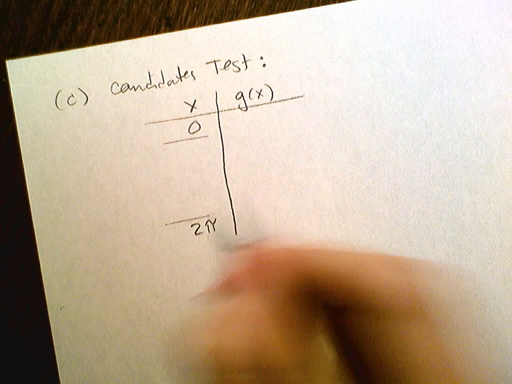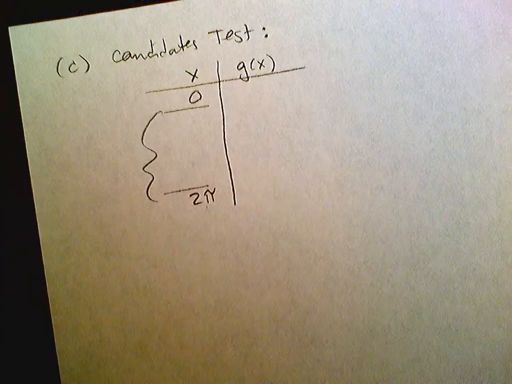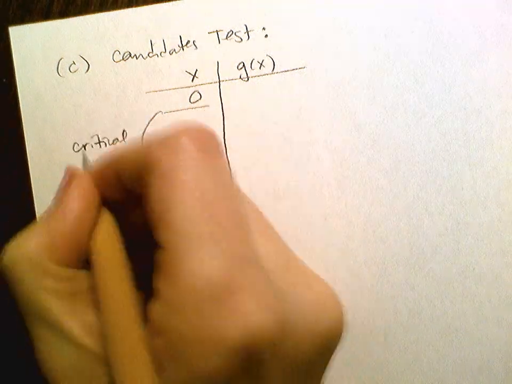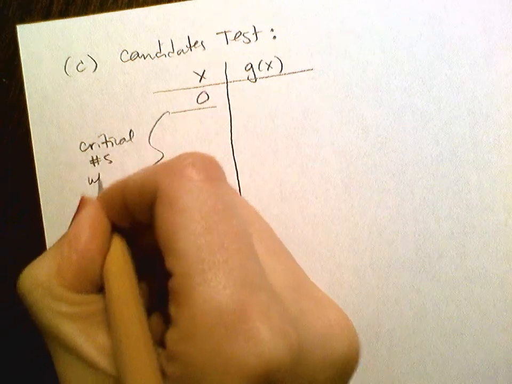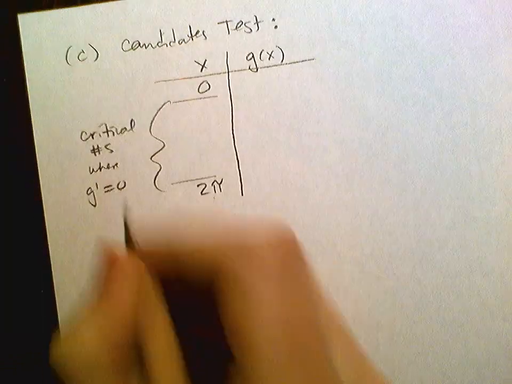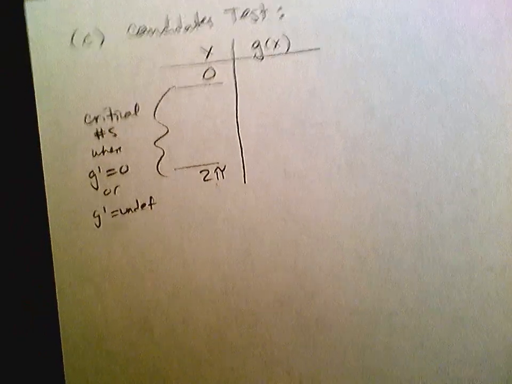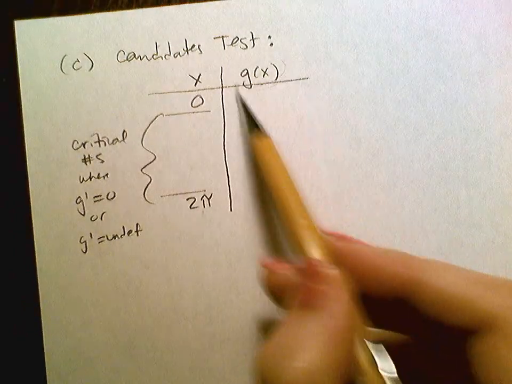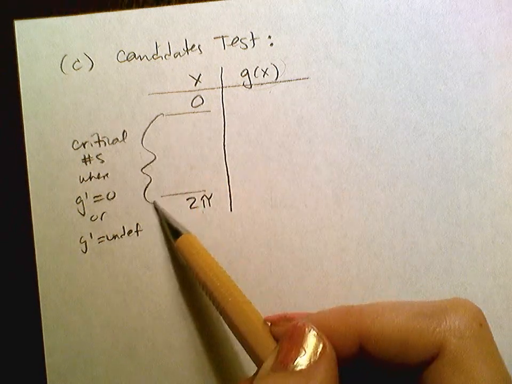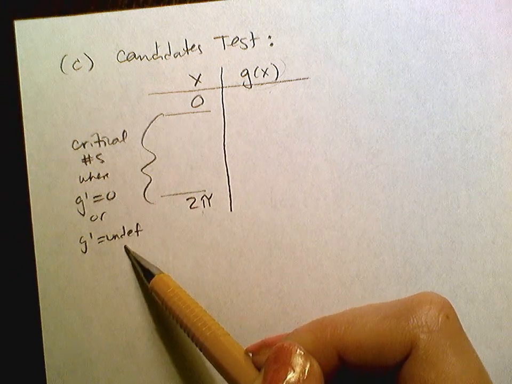So the endpoints go in there. And then, in the rest of this space, we put the critical numbers where g prime is 0 or g prime is undefined. All right, so whatever this function is that we're trying to find the absolute max or min of, these numbers that go in between the endpoints are the critical numbers where this stuff is happening.